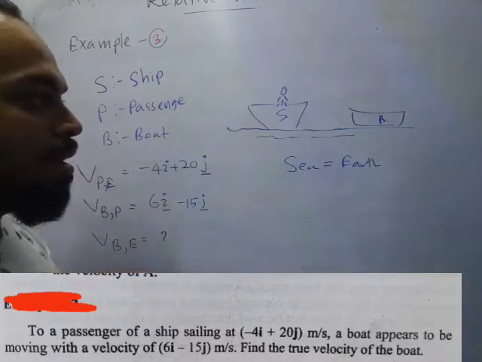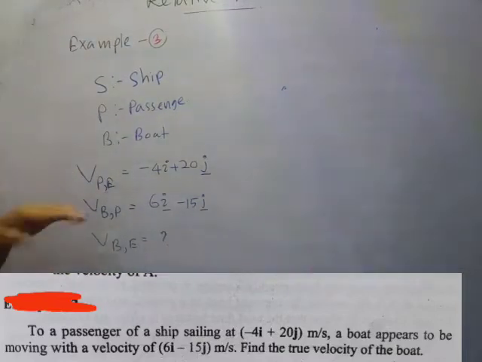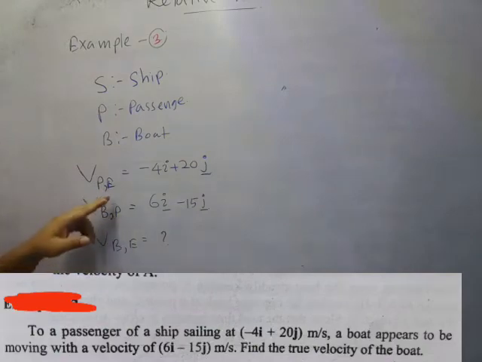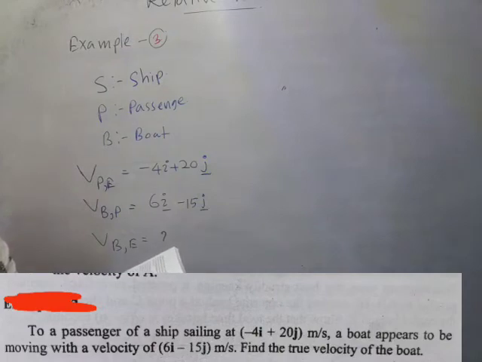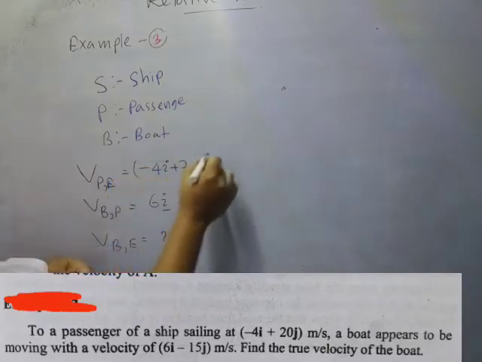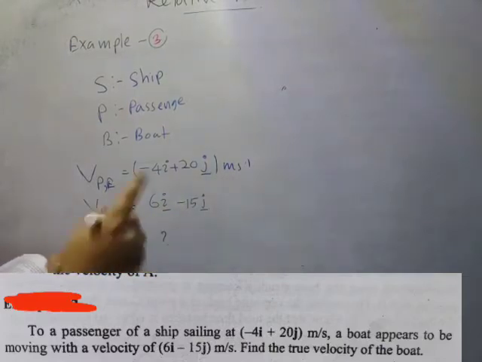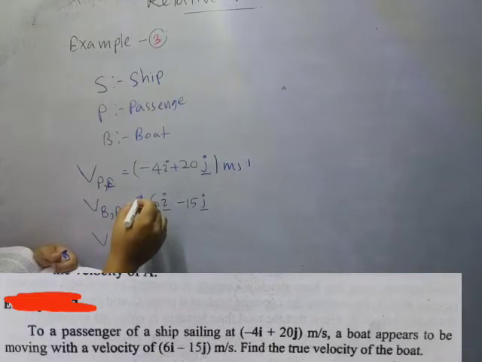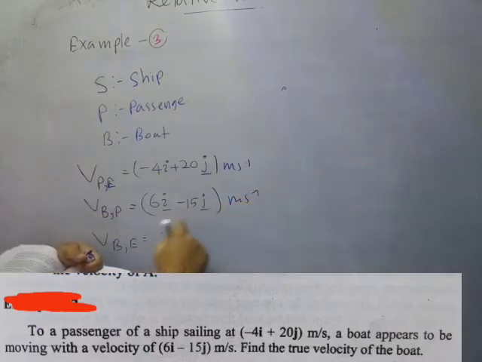When everything happens on the sea. Right. Okay. So now they have given that to a passenger of a ship sailing at minus 4i plus 2j meters per second, the boat appears to be moving with this speed.